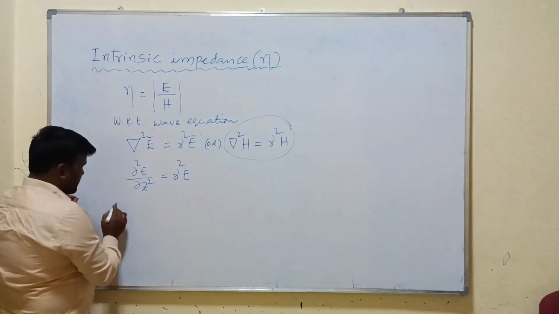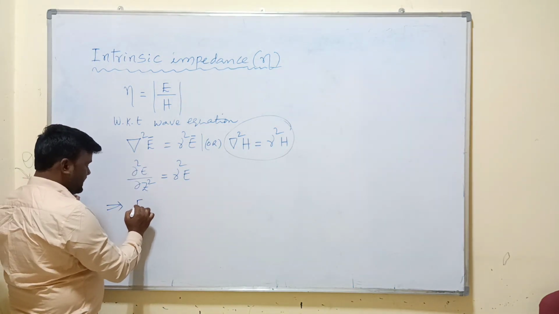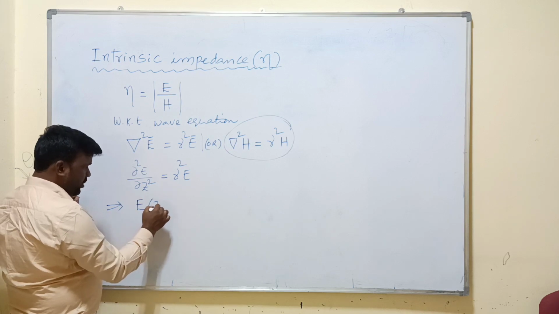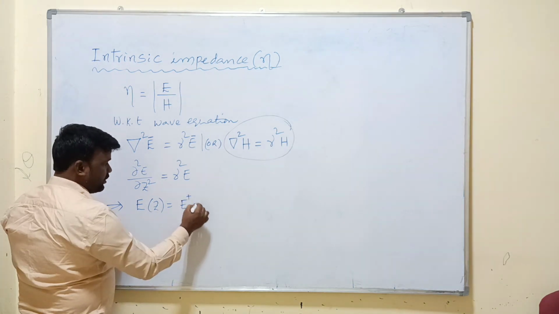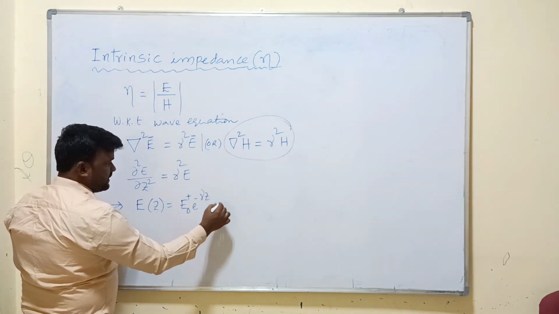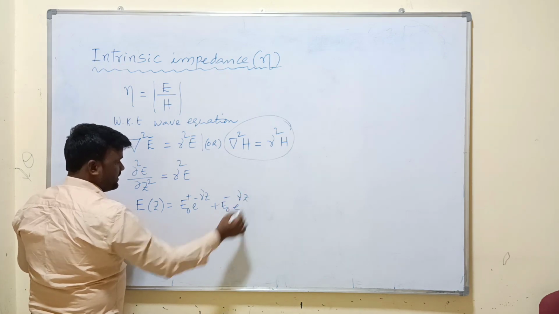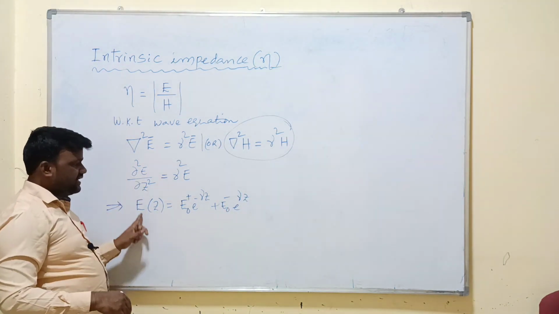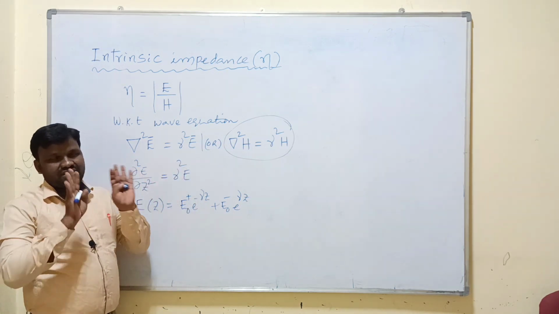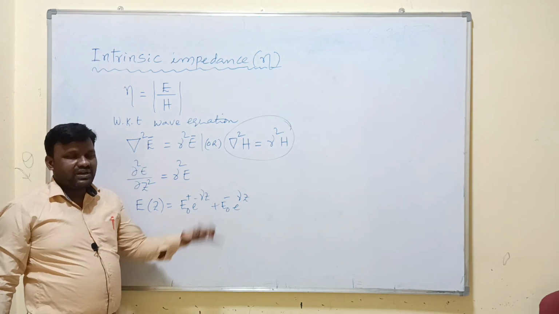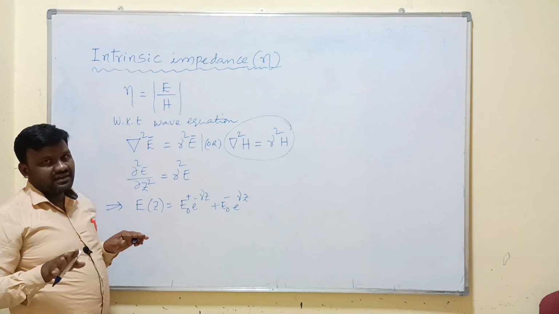What is the solution of this? It is a second order differential equation. The solution is E of Z equal to E naught plus e to the power minus gamma Z, plus E naught minus e to the power gamma Z. If the wave is along the Z direction, E is a function of Z. Of course, H is also a function of Z, because as the wave travels along a particular direction, field parameters vary with respect to that direction only, not other directions.